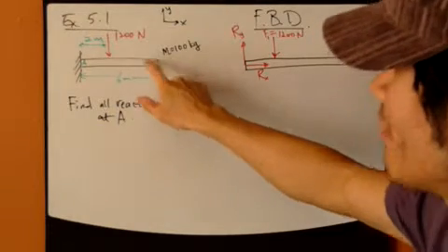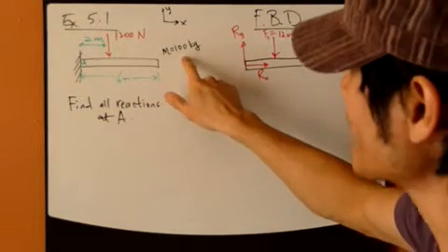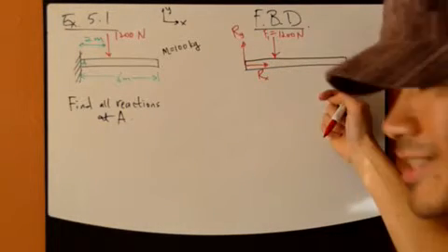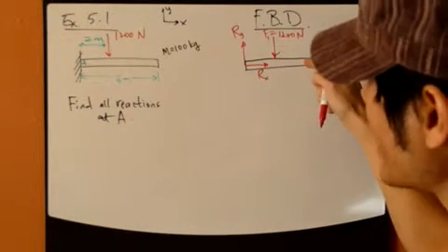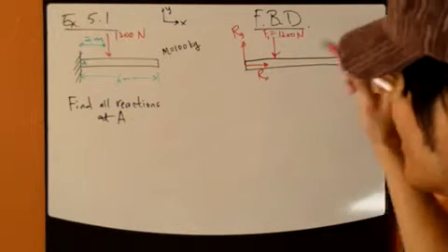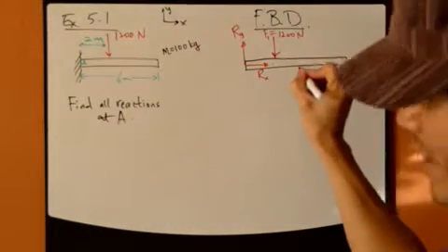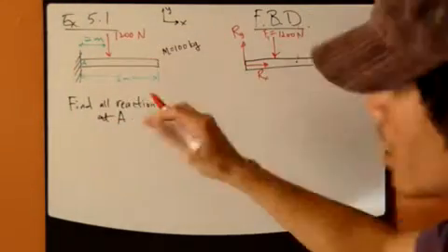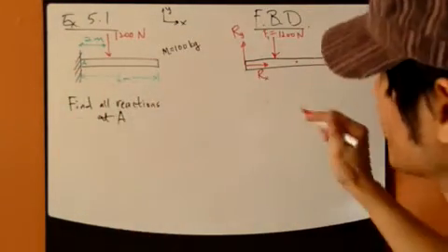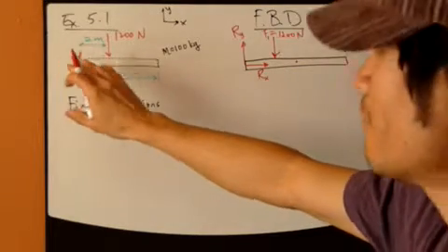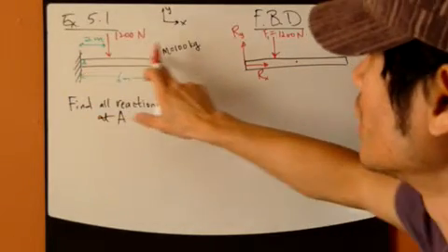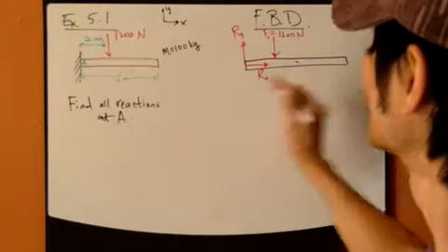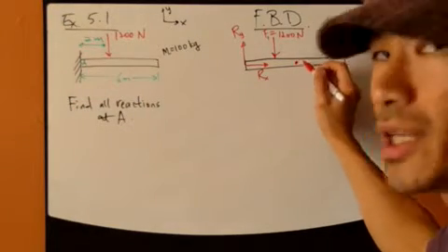Also, don't forget about the weight. The mass is given, so the weight of this rigid body must be taken into account, and the weight is applied at the center of gravity. In this case, this is a homogeneous piece of metal, so that's my assumption. This means that the material, whatever it is, has the same density everywhere, so the center of gravity will be right in the middle.